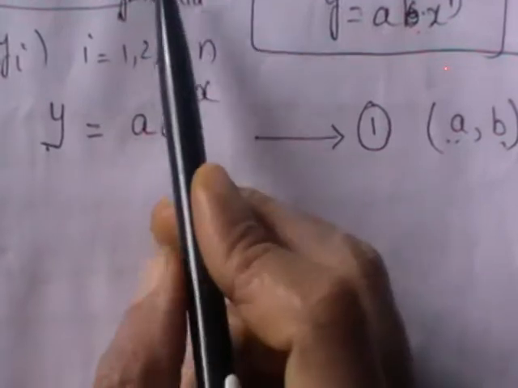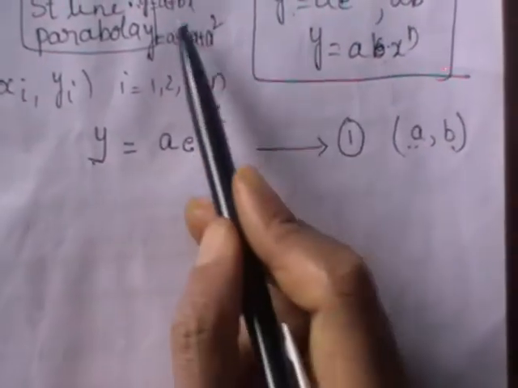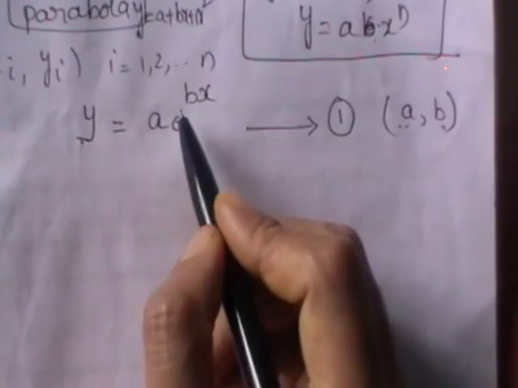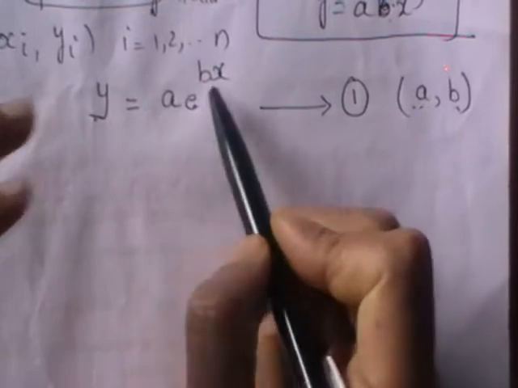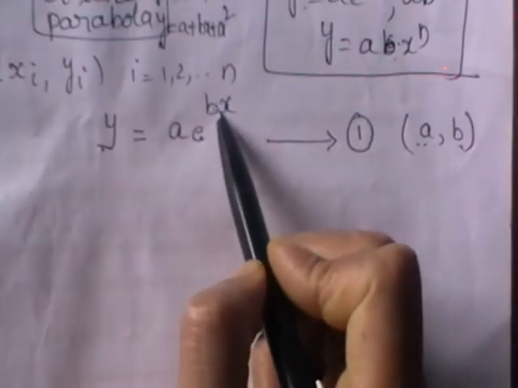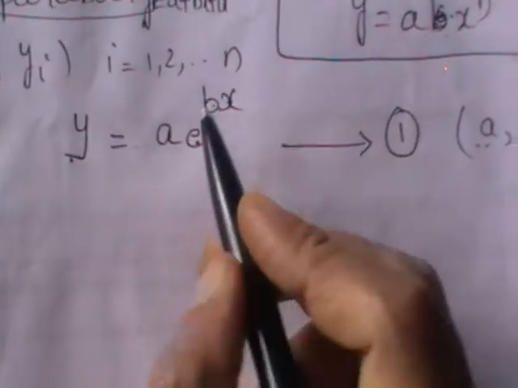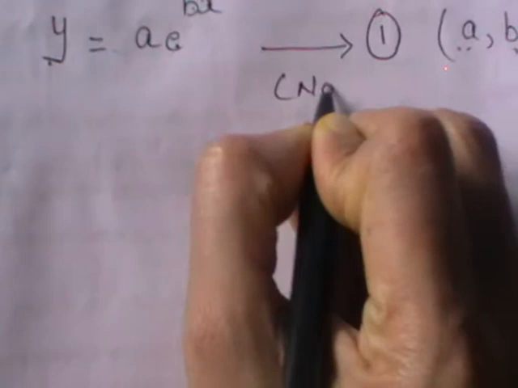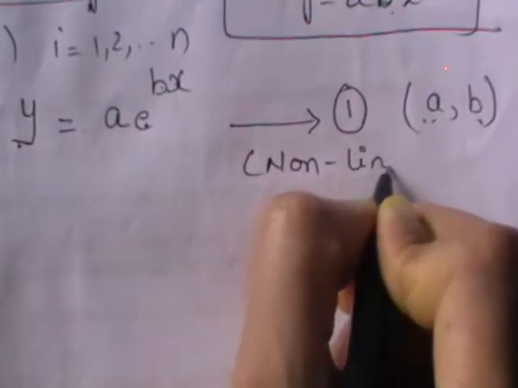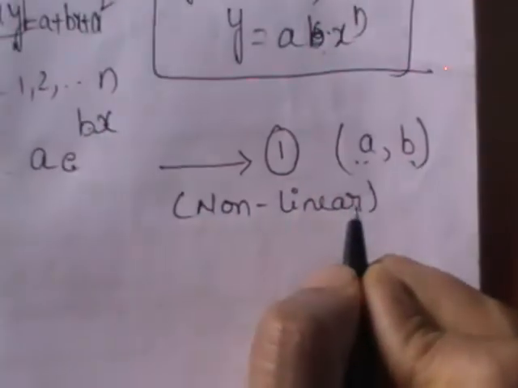If you compare this exponential one with a straight line, the name itself tells that the relation between the two variables and the constants is in exponential form. So directly you cannot use the PLI. This is in non-linear form, so we cannot directly apply the principle of least squares.